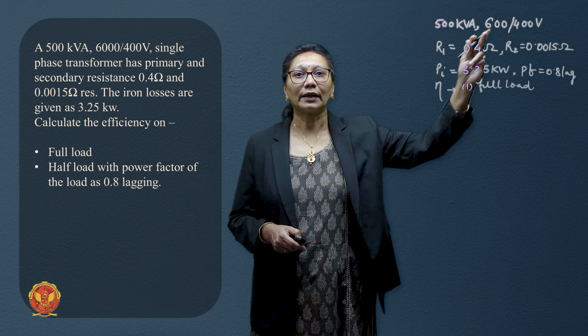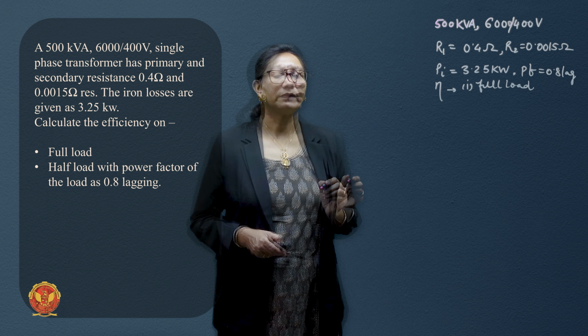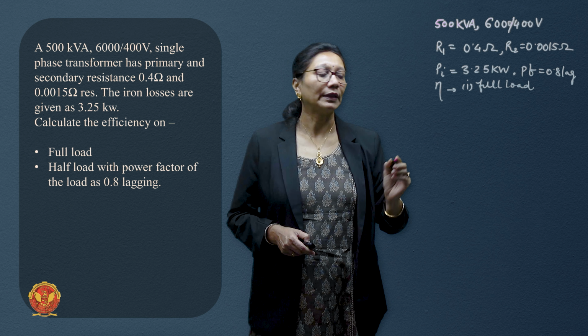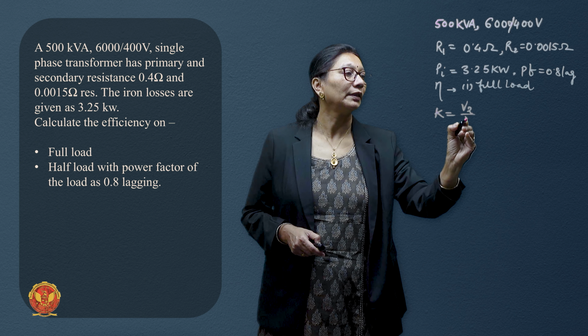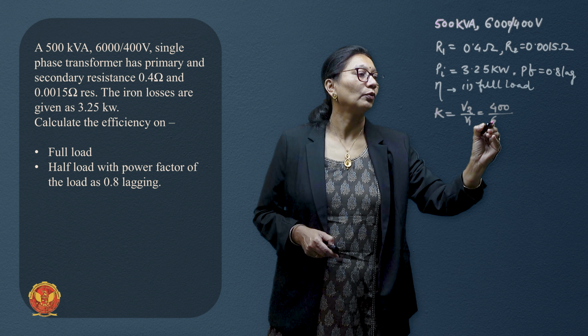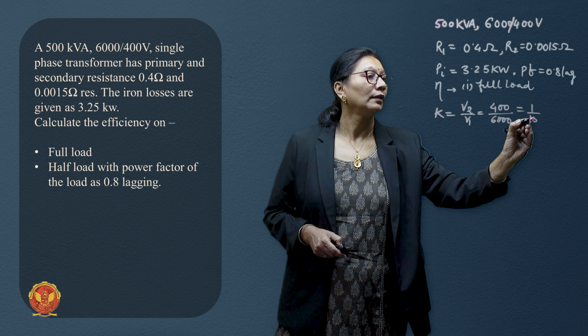We are given here the voltage on secondary and primary, 400 and 600 volt. So we can calculate the transformation ratio as V2 by V1, which would be 400 divided by 600. So what would it be? 1 by 15.